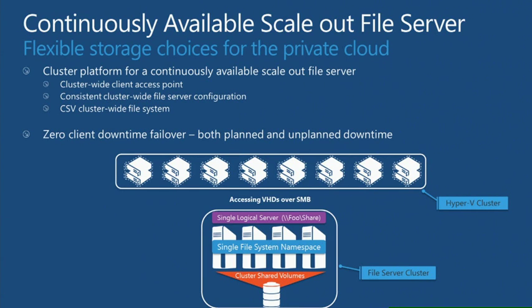But when you have a failure, using the mechanism we talked about, CSV resiliency, we are able to detect and migrate the application, in this case the Hyper-V or, say, SQL connection, to another file server. What's a huge win with a scale-out file server is that now you have a zero downtime solution for both planned and unplanned migration.